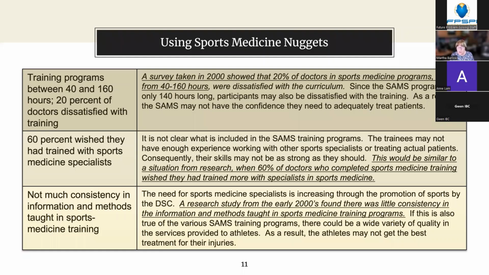And then it would be finishing off the challenge. If this is also true of the various SAMS training programs, there could be a wide variety of quality in the services provided to athletes. So as a result, the athletes may not get the best treatment for their injuries. So those are just a few examples of how you can take these little nuggets and put them at the beginning or the end or the middle of a challenge.